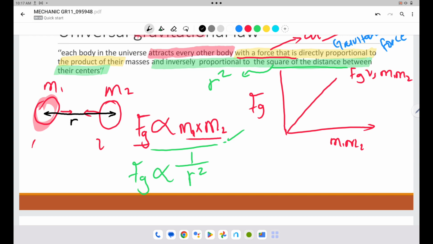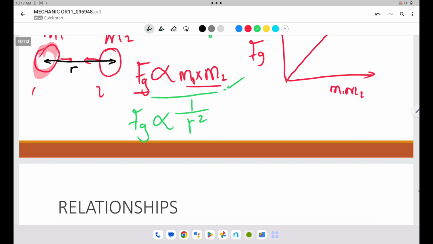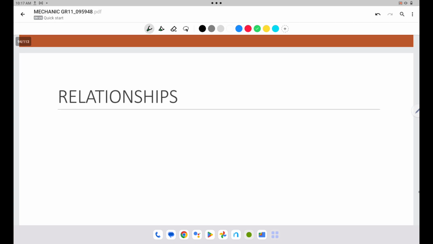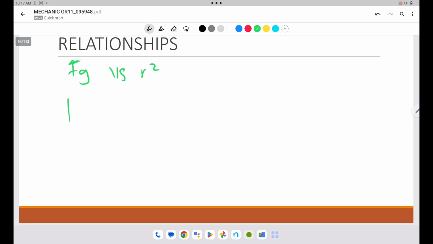So if Fg is inversely proportional to the square of the distance, then if I draw a graph of Fg versus r squared, I am going to get a hyperbolic function, Fg over r squared. We are going to prove this at a later stage.